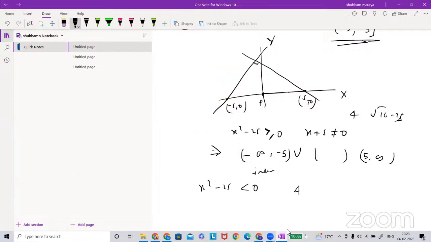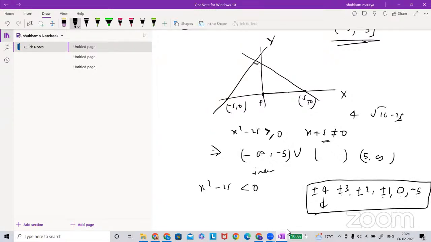Plus minus 4, like this you can count, plus minus 3, plus minus 2, plus minus 1, and 0 will also work. And 5 is also there, so -5. Except these values, the rest will come in the domain, right? Because of minus, otherwise if you check, this is plus minus 4. So 2, 4, 6, 8, and 9 and 10.